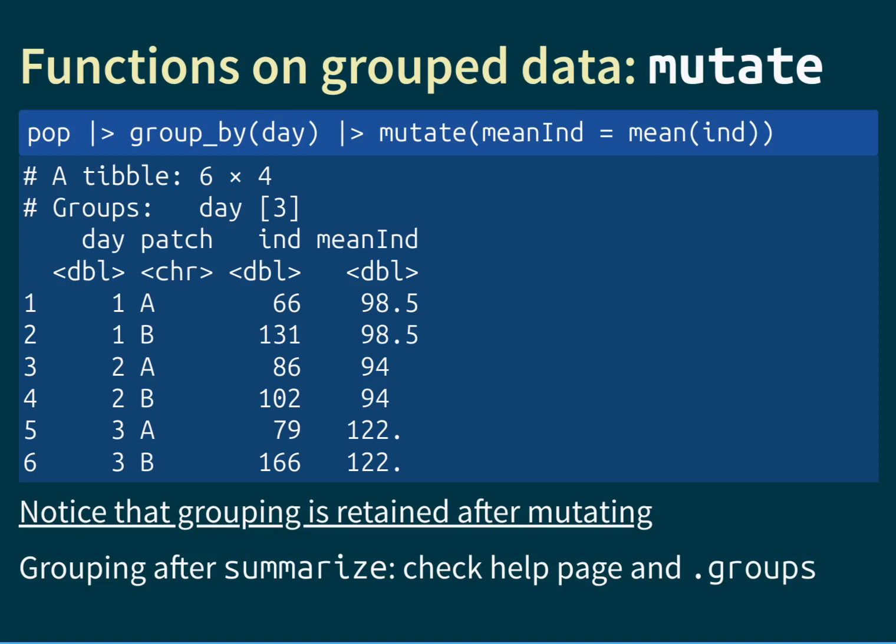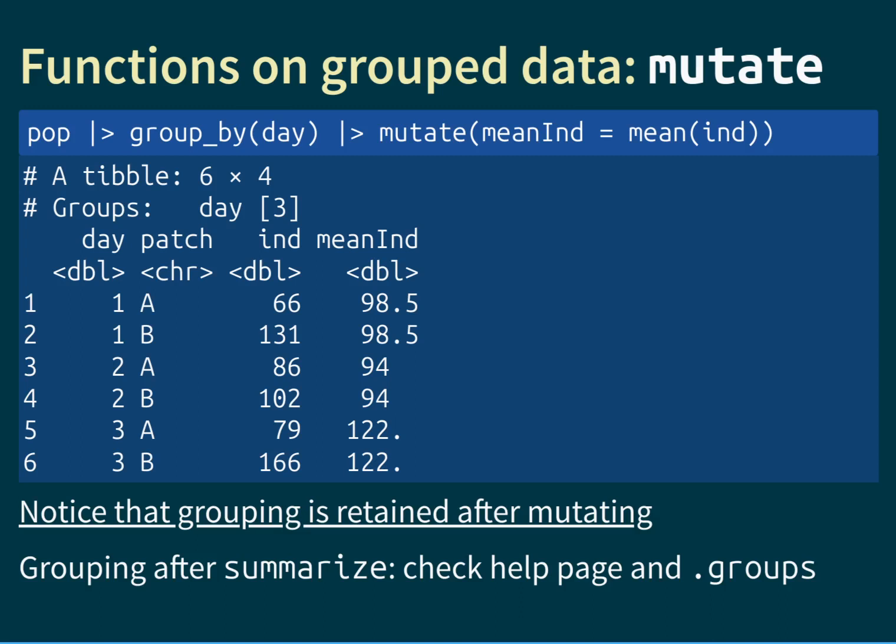How will it change? I will not be going into the details of that because in my opinion it is simply not worth doing so. If you are interested in the details, you can always read up on it online or just check the help page of the summarise function within R itself. Just look at the .groups argument and its behavior and you can educate yourself on this. But here I will not be going into that.